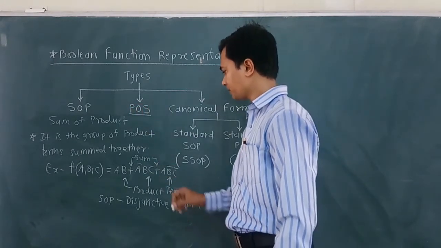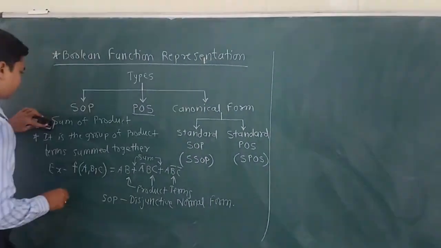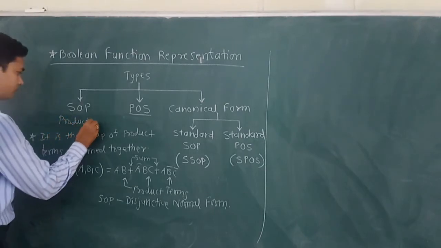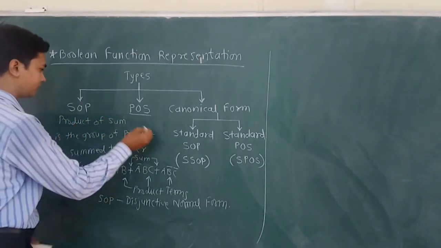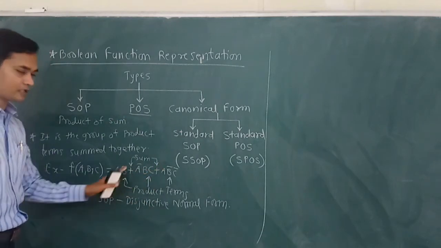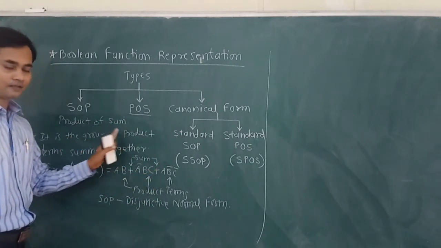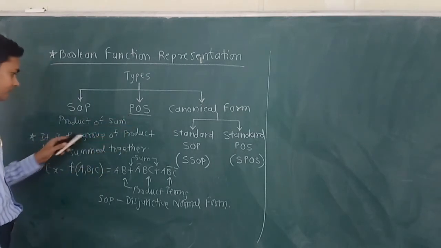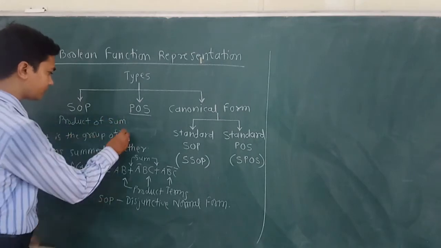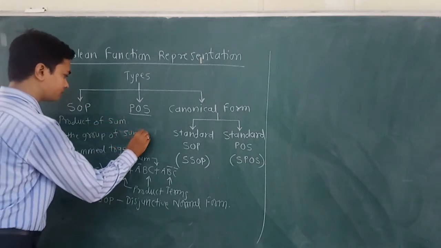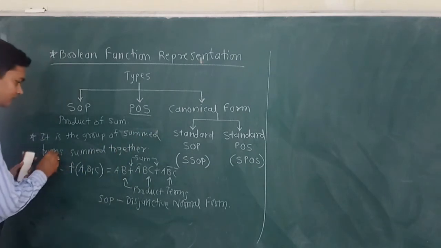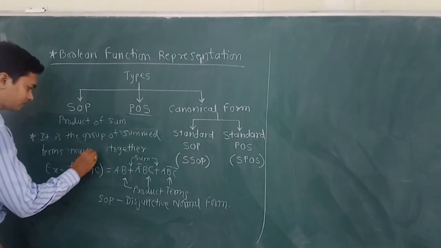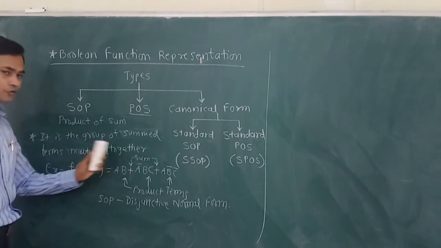Here POS stands for product of sum. So here we convert this expression into product of sum. The definition of product of sum is: it is the group of summed terms multiplied together.